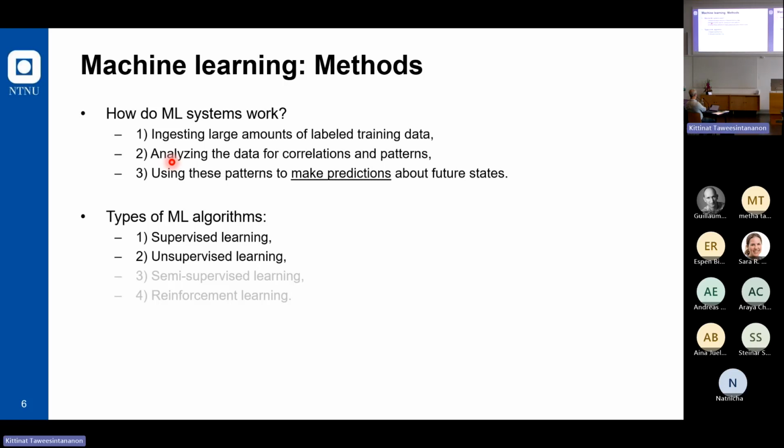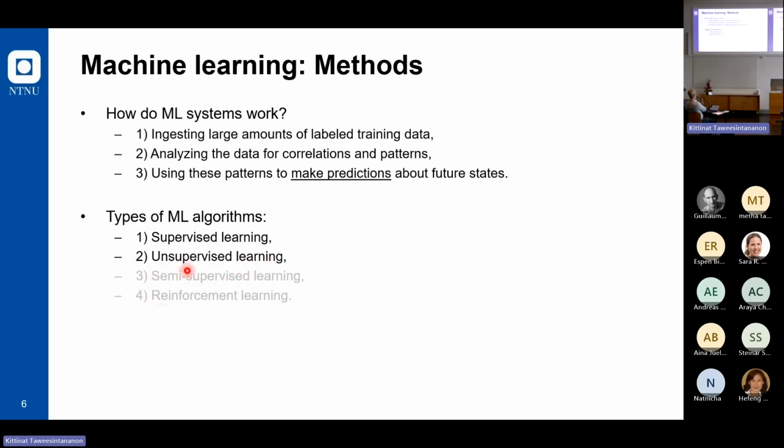So there are mainly several types of machine learning algorithms. First, supervised learning. You know the input, you know the answer, and you feed that kind of label to train the system. But unsupervised learning is another key one.